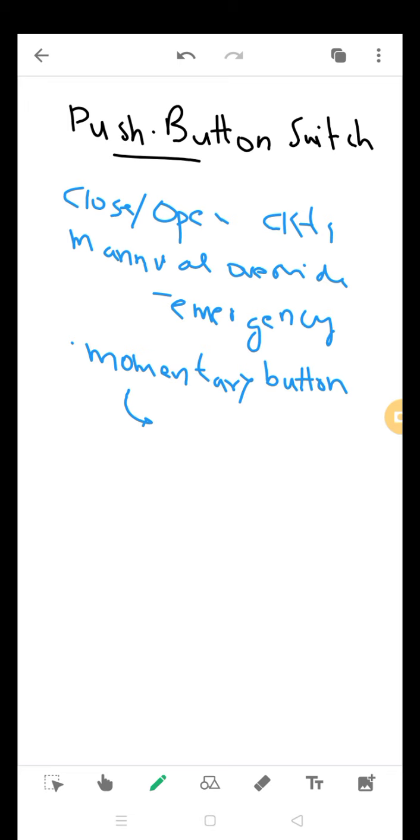When they are not actuated, they return to their original unactuated positions. Others are maintained by something called a mechanical latch, which holds them in their selected position.